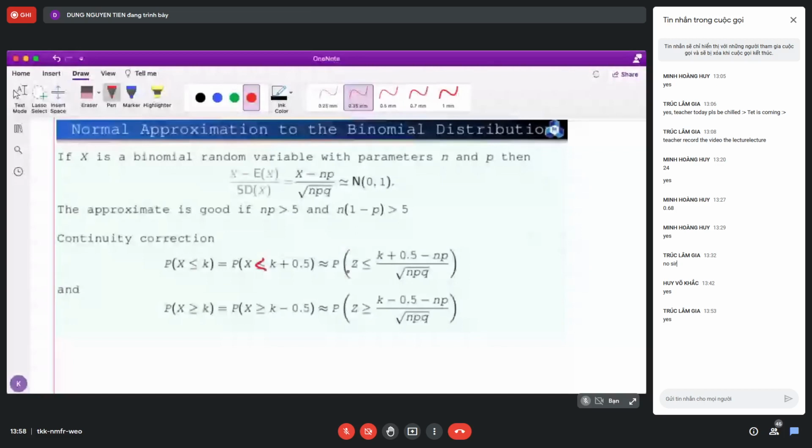If X is greater than or equal to k, where k is an integer, then you can use the probability that X is more than k minus 0.5, and you can use the standard normal distribution to get the answer. Any questions so far, everybody?